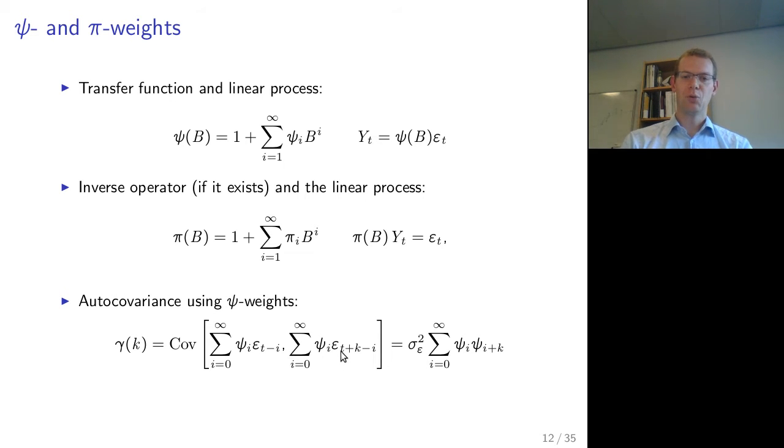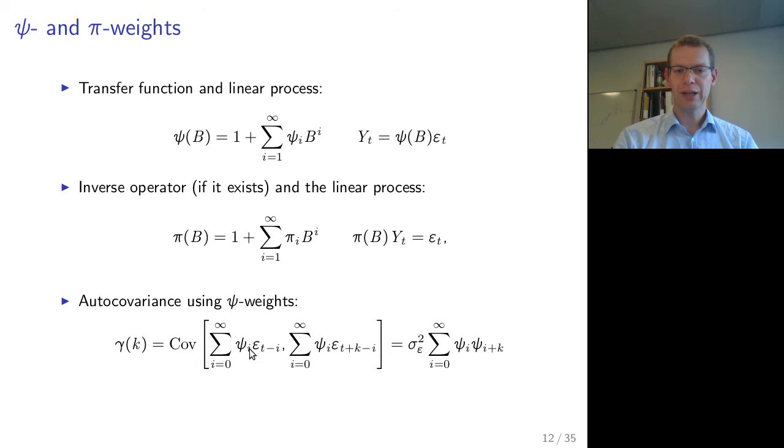So the epsilon t plus k does not give any contribution as long as i is less than k. So we need to get down to k here, then we have an epsilon t here, and we have the epsilon t here as well.